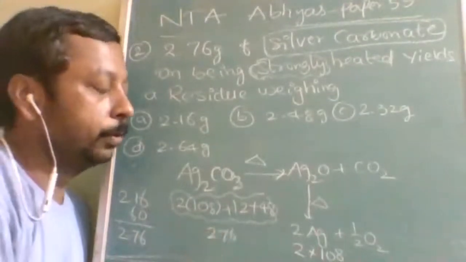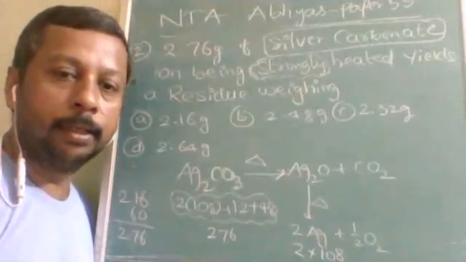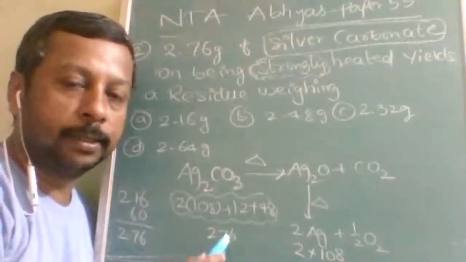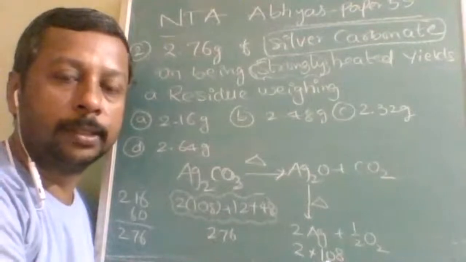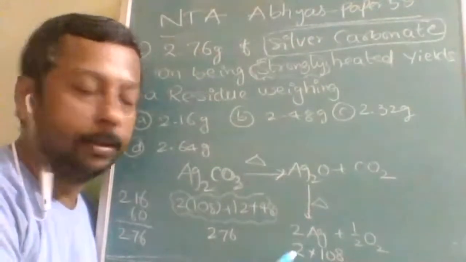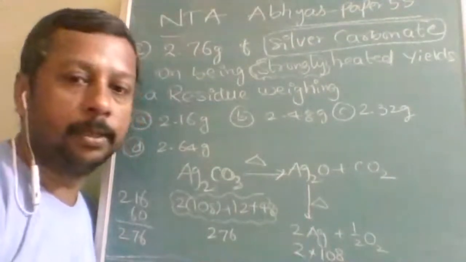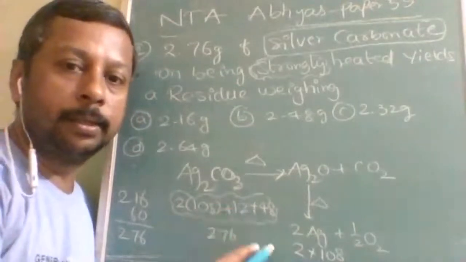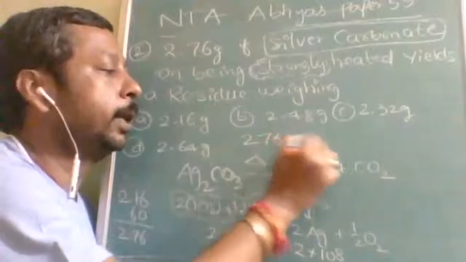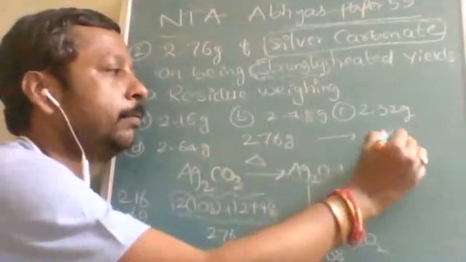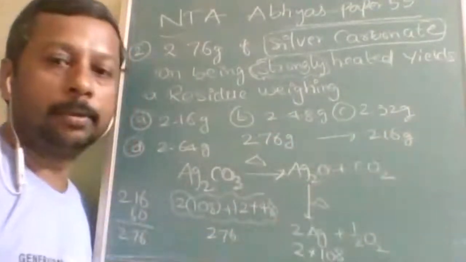According to this stoichiometry, if I use 276 grams of Ag2CO3, I am getting 216 grams of residue. Only 276 grams is giving a residue of 216 grams. Is it understood how I got it?